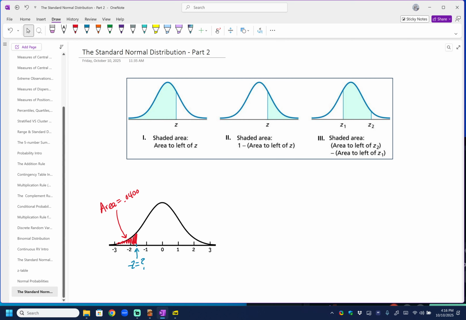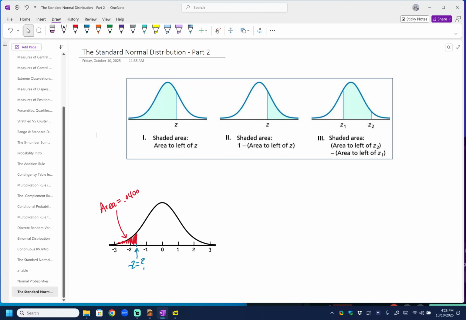So basically what we're doing is we're flipping the script. Instead of, like up here, being given a z value and finding the associated areas, either below, above, or between, now we're given the area and we need to find that associated z-score.